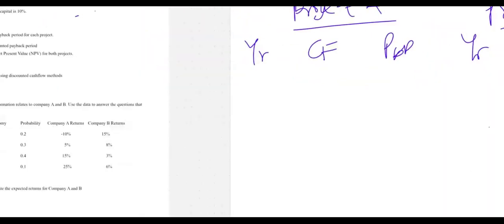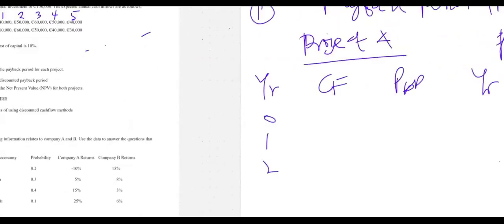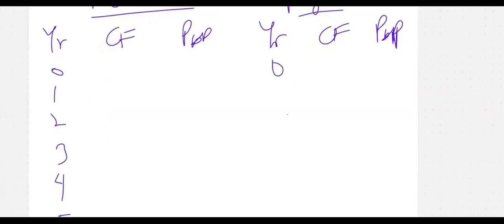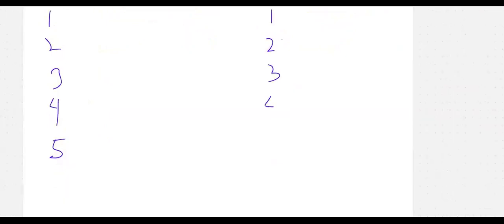So the year, we start from year 0, 1, 2. From the question, how many years do we have? 5 years. 1, 2, 3, 4, and 5. The same applies to project B. Year 0, 1, 2, 3, 4, 5.